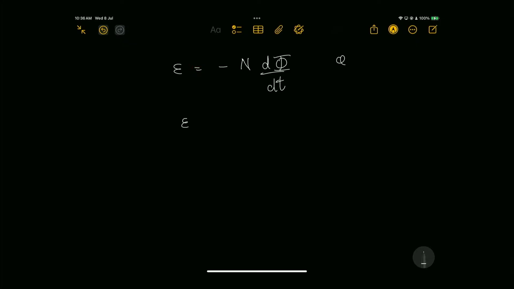So epsilon is the EMF, N is the number of turns, t is time, and we define this to be the magnetic flux. We could also write this to be the magnetic flux. So when we write the equation, we define what the symbol means, and it would be okay. You could use either symbol basically.